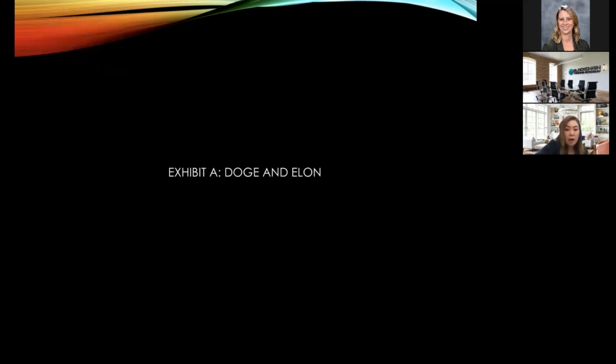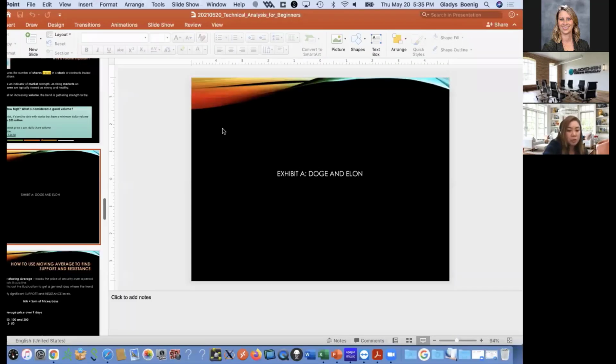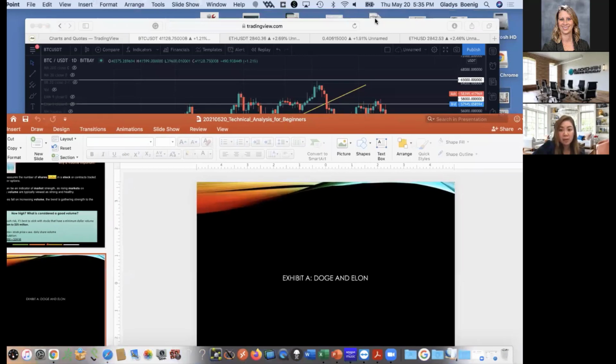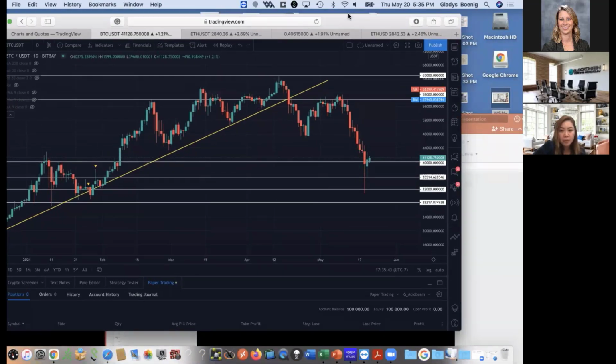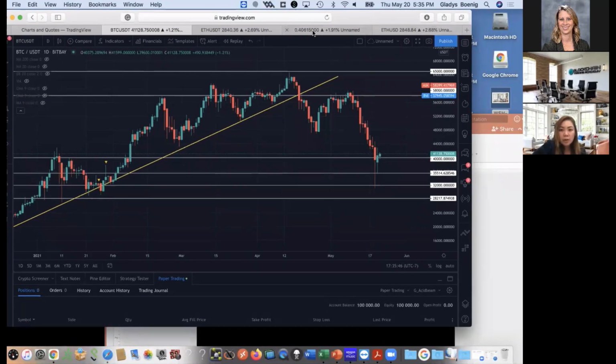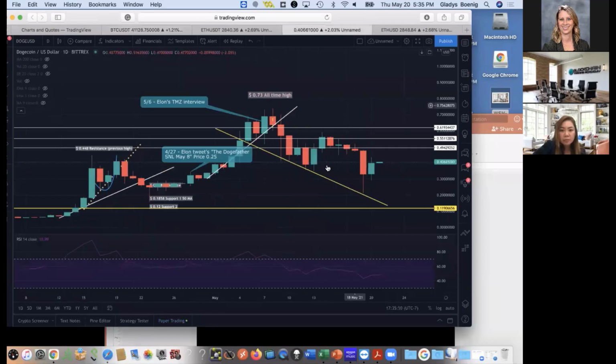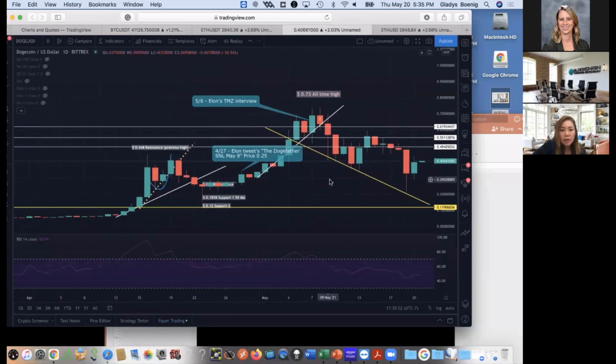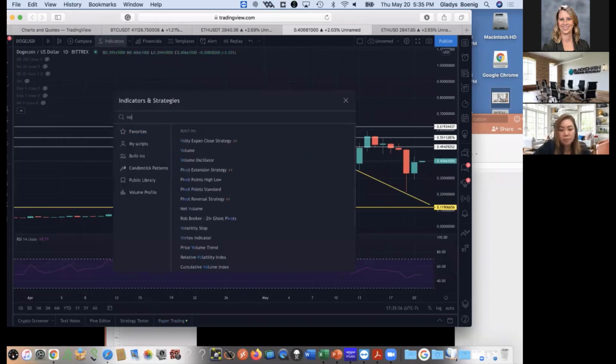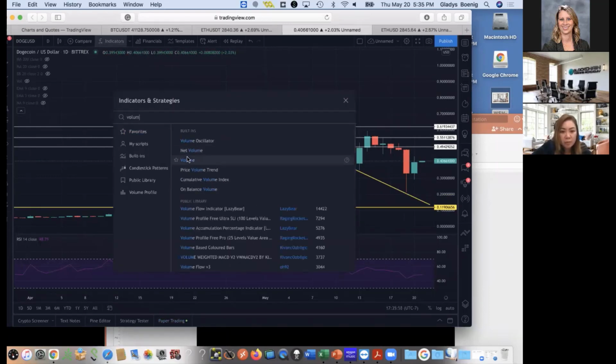I like to use Doge and Elon as my example for volume. So here I pulled up the chart, and I'm going to use the volume indicator. You can just type in volume, just volume.